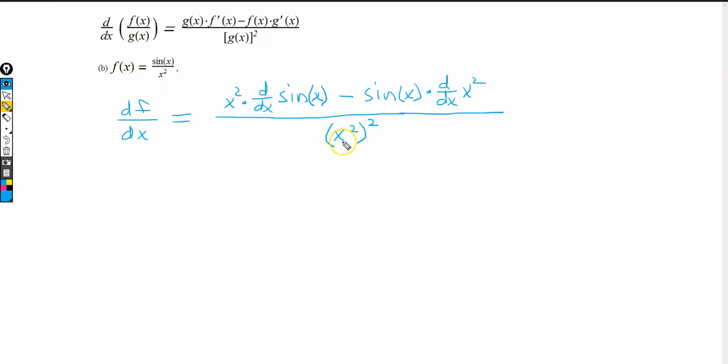And just realize that x squared squared is x to the fourth power by properties of exponents. And now we just have to differentiate and do any cleanup work.